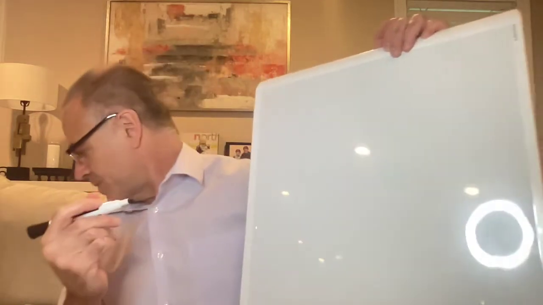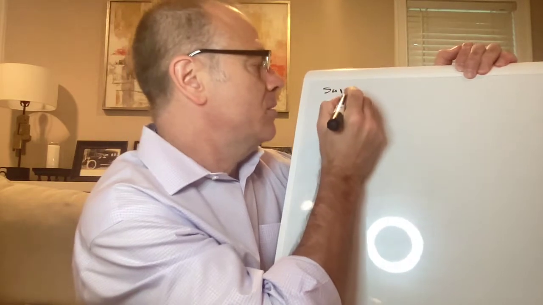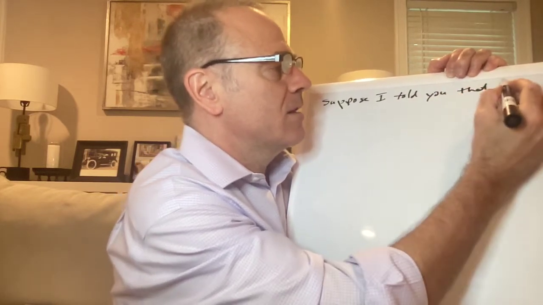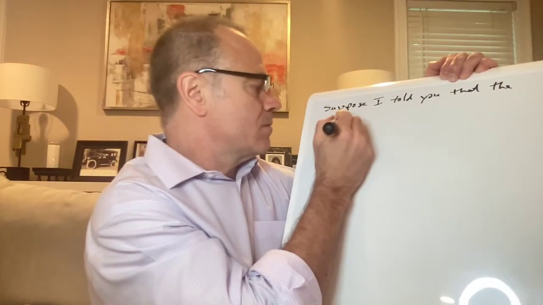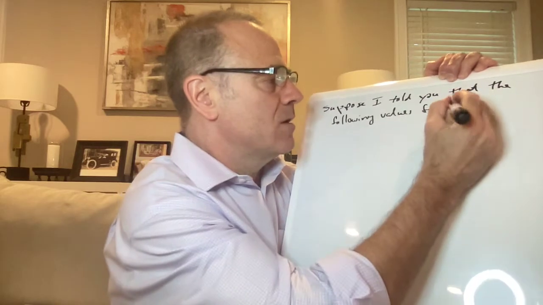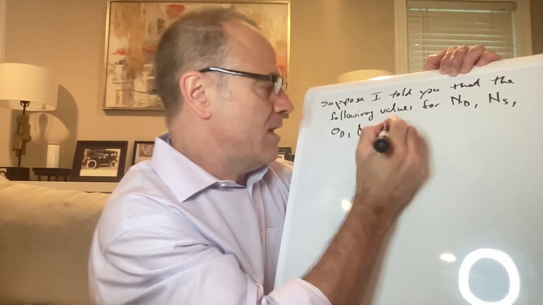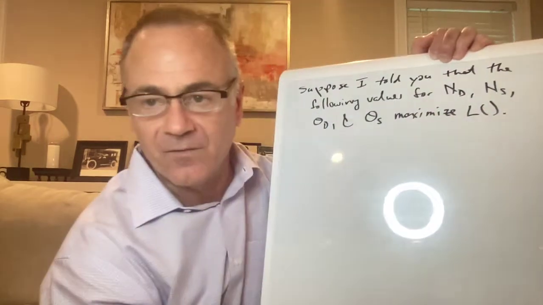So remember, we have 4 parameters in our model: NS, ND, theta D, and theta S. Suppose I told you that the following values for ND, NS, theta D, and theta S maximize L, the likelihood function.